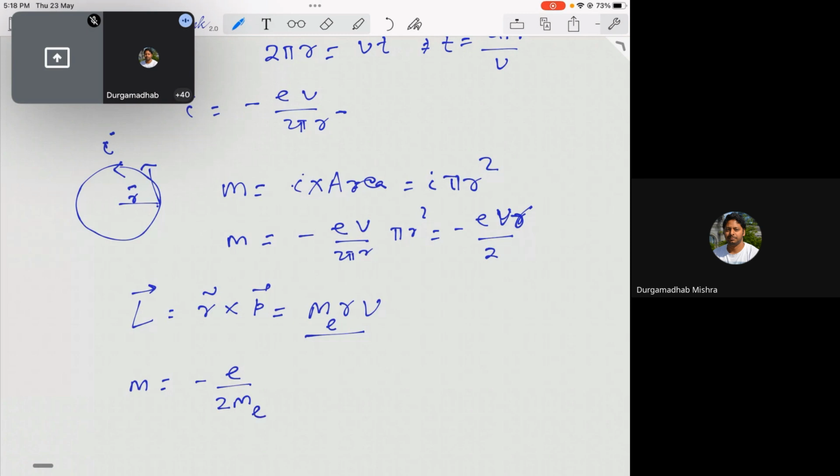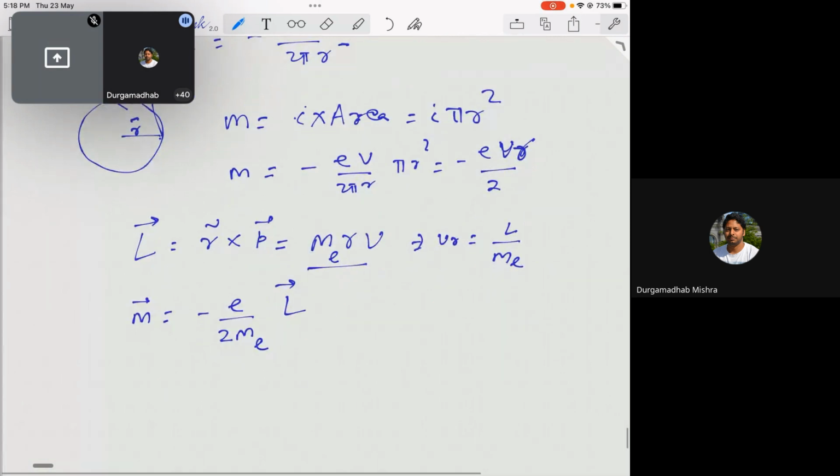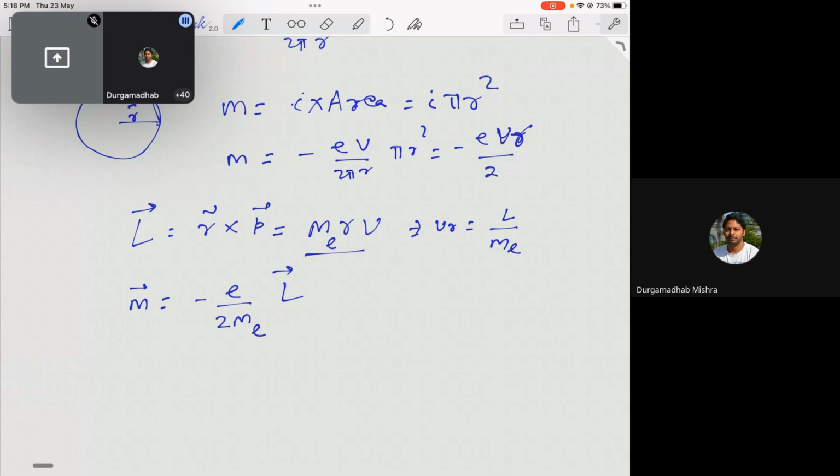In place of v r, I can simply write v r equal to L by m_e. So the magnetic moment is equal to minus e by 2 m_e into L. This is why we always say that the magnetic moment, the dipole moment of the electron, is always opposite to this orbital angular momentum L. This is due to this negative sign.